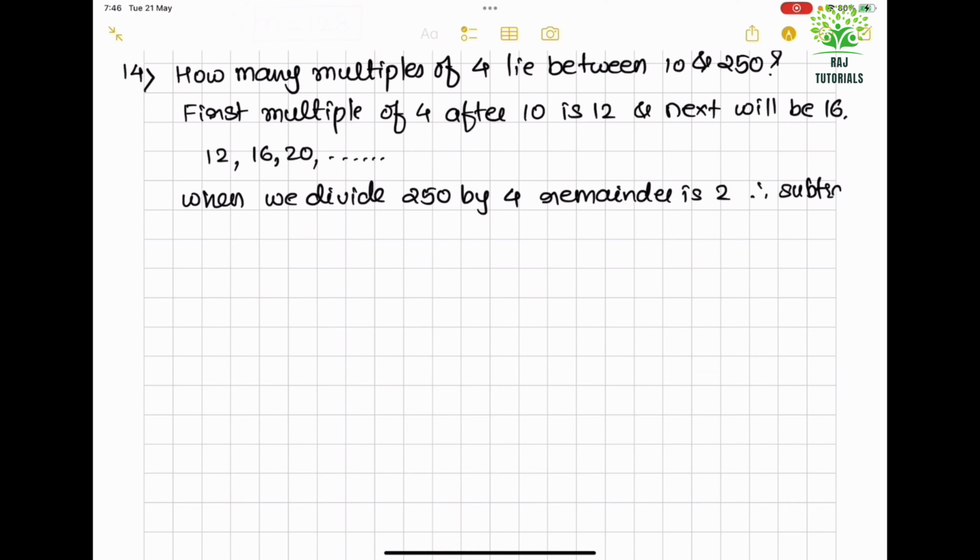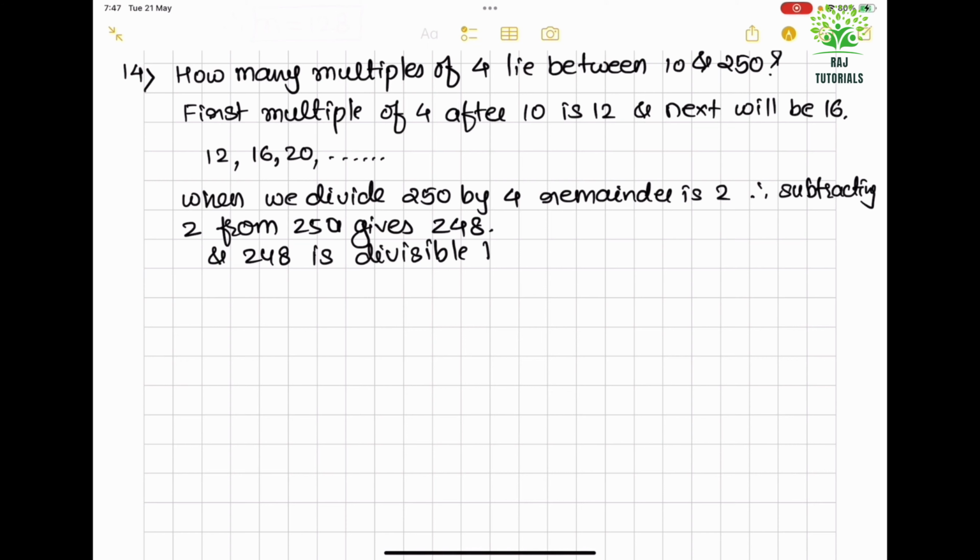Therefore, subtracting 2 from 250 gives 248, and 248 is divisible by 4. So 12, 16, 20, and so on till 248, it is the AP.